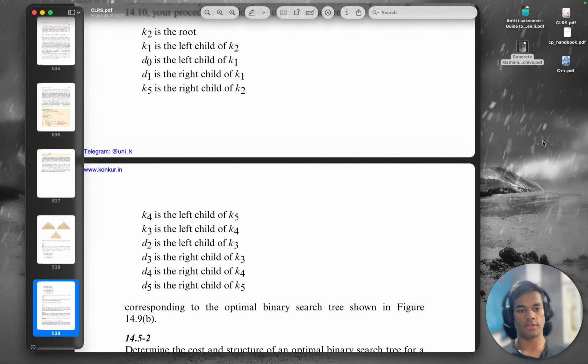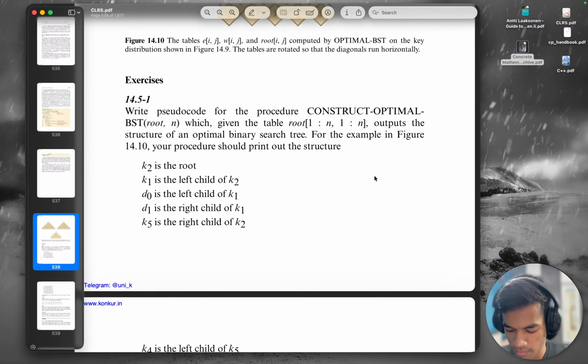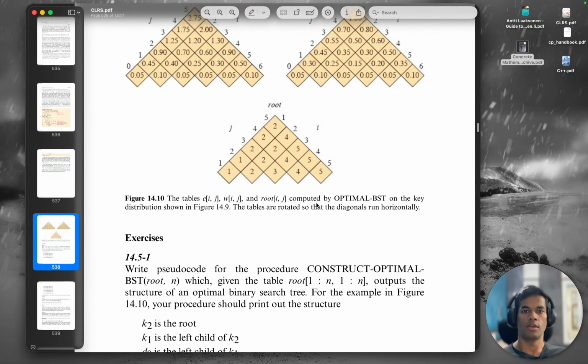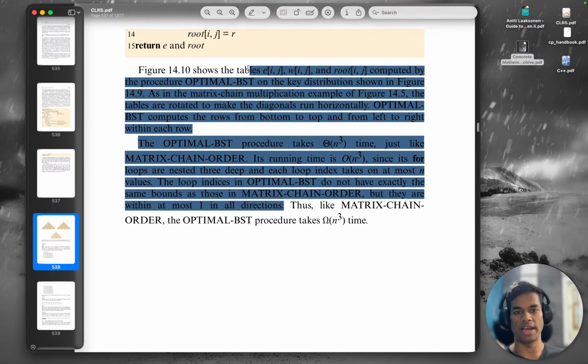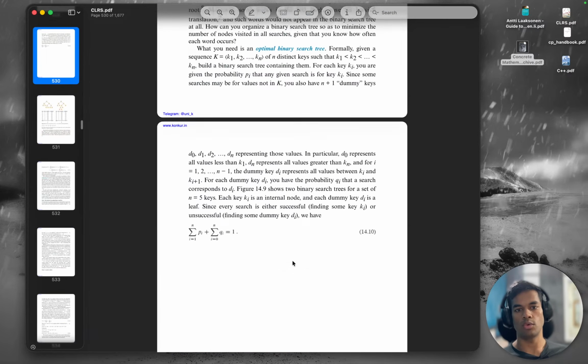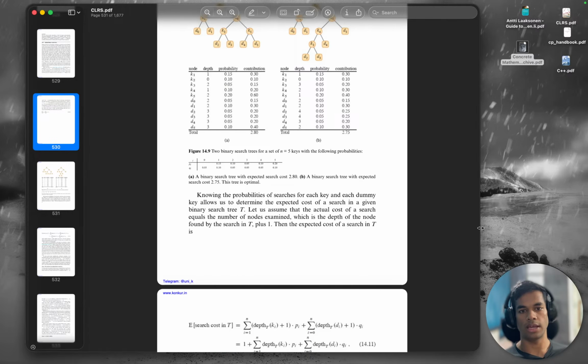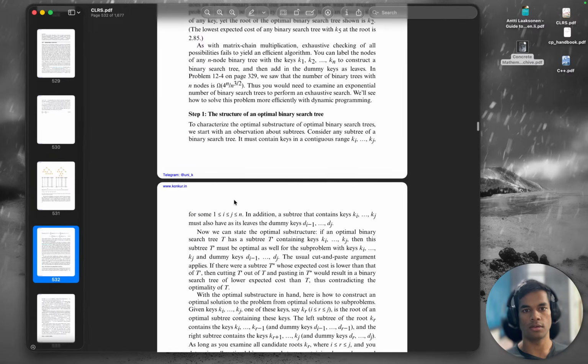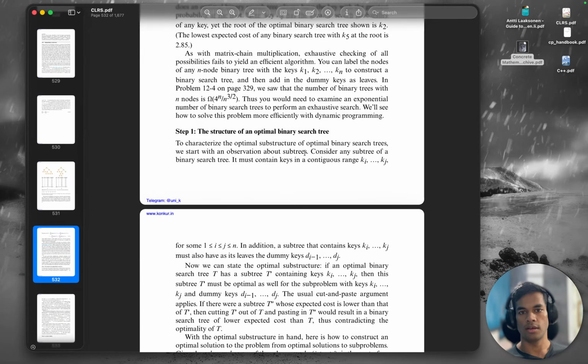And let's go through the exercises. Finding the optimal binary search tree is very similar to matrix chain multiplication. The only thing that would have helped me at the start was this fact right here: every subtree must contain contiguous ranges k_i to k_j, where i and j range from 1 to n, and 1 and n are inclusive.